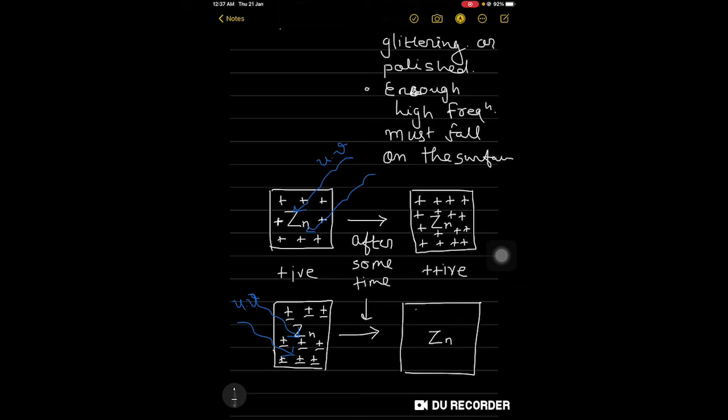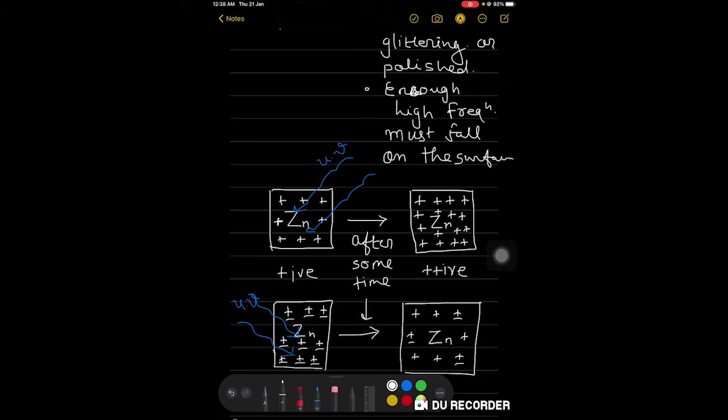Now he found that the plate which was zero or null initially, after some time becomes positive, though it should have stayed null. So he found that this plate becomes more positive.